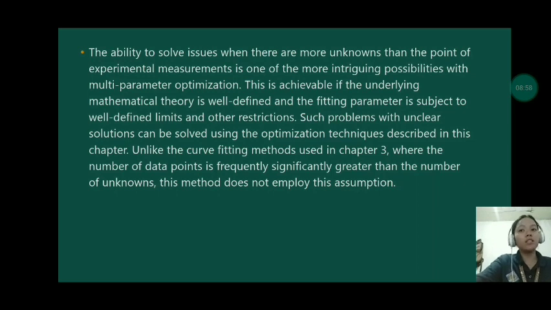This is possible if the underlying mathematical theory is clear and the fitting parameters are subject to clear-cut constraints. Using the optimization strategies discussed in this chapter, such problems can be solved.